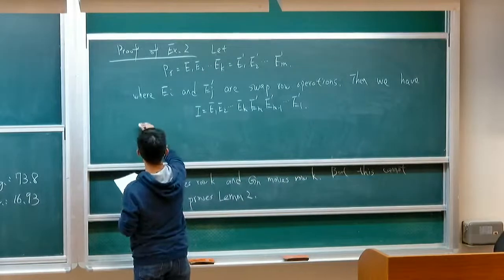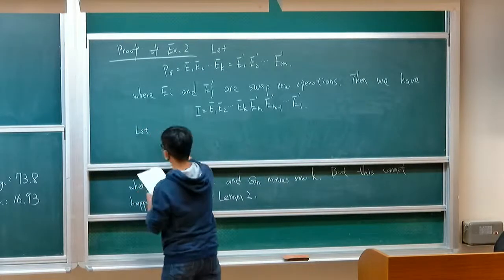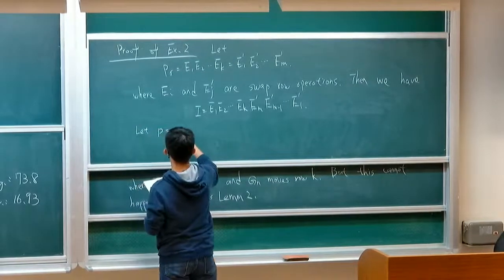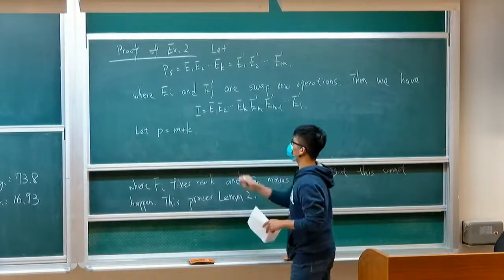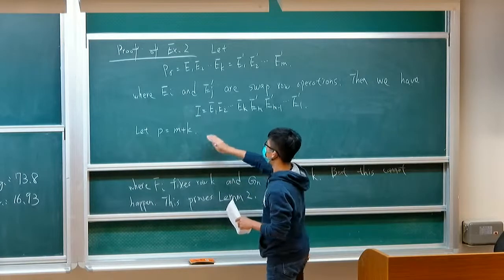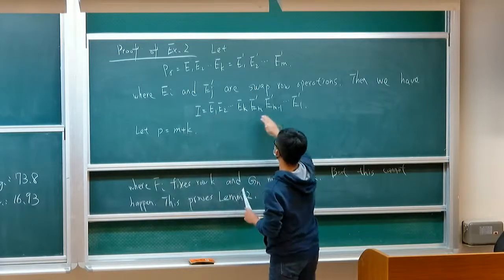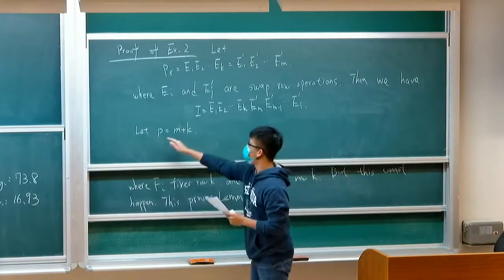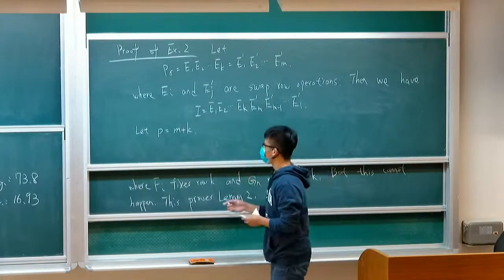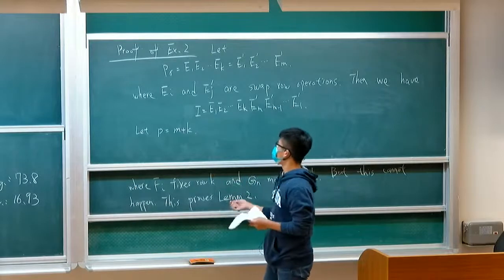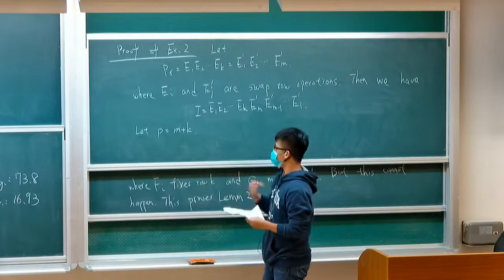Now we let P equal m plus k. So here we express this identity matrix with P row exchanges. If P is equal to 1, apparently it's impossible. If P is equal to 2, then it is even, and that's what we want.